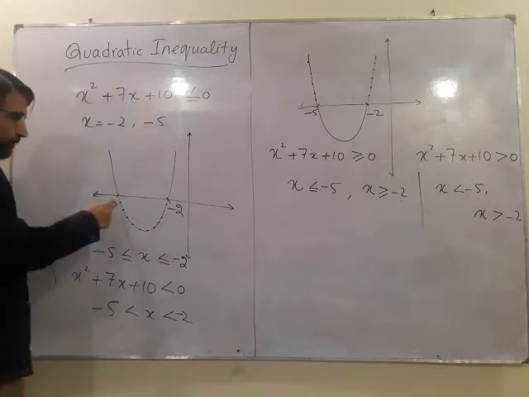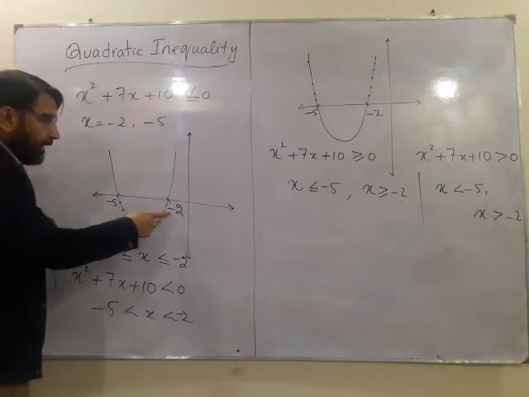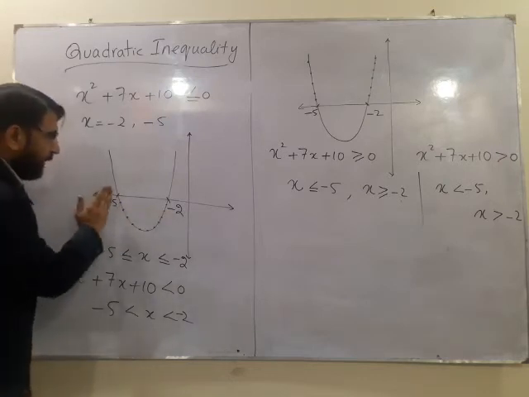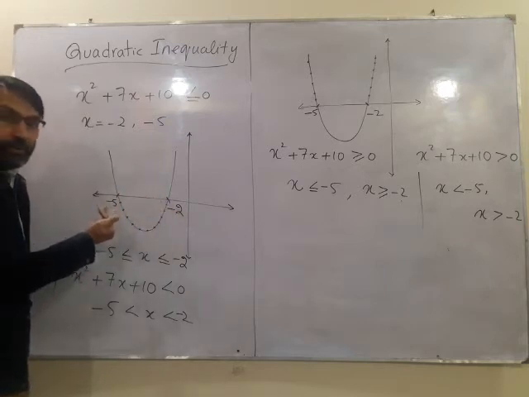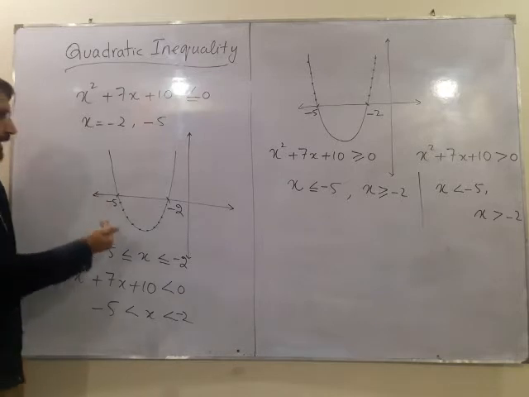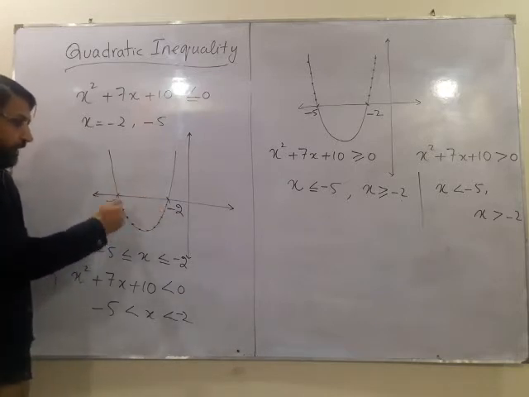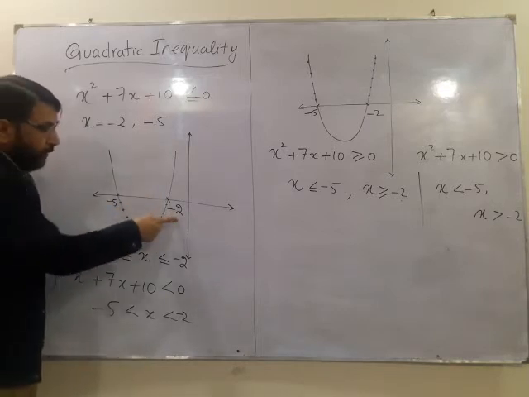All these blue dots lie between minus 5 and minus 2. So all of these values are on the right side of minus 5 and on the left side of minus 2. As we know, right side numbers are greater and left side numbers are smaller.